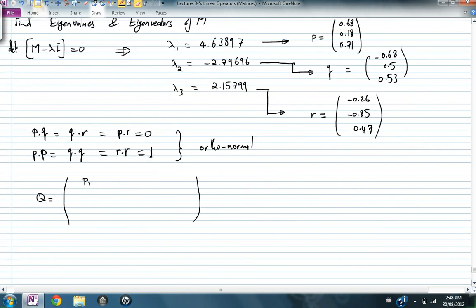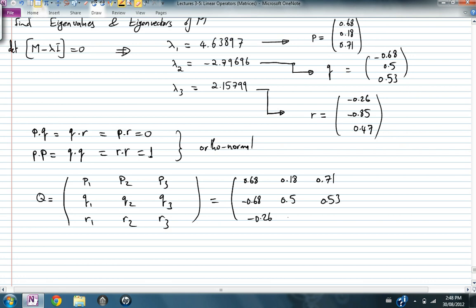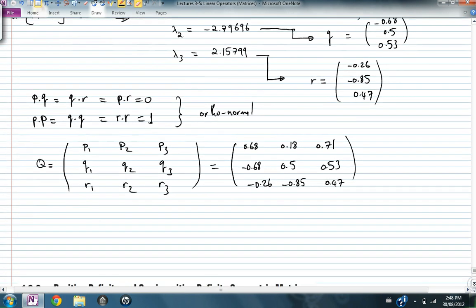So this is P1, P2, P3, Q1, Q2, Q3, R1, R2, R3, which is equal to 0.68, 0.18, 0.71, negative 0.68, 0.5, 0.53, negative 0.26, negative 0.85, 0.47. So this is the translation between the two coordinate systems.